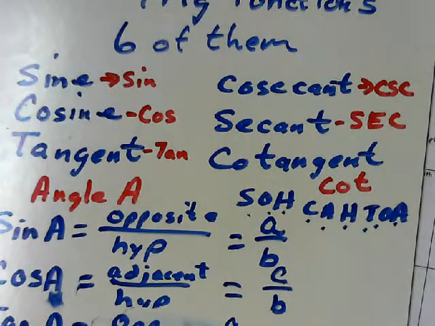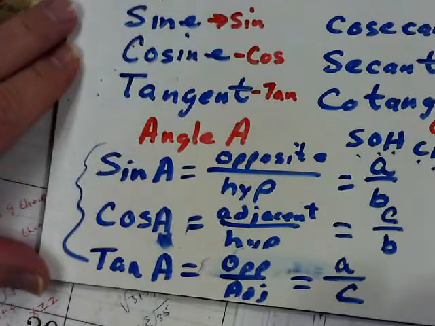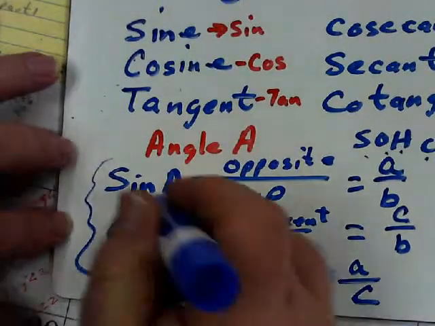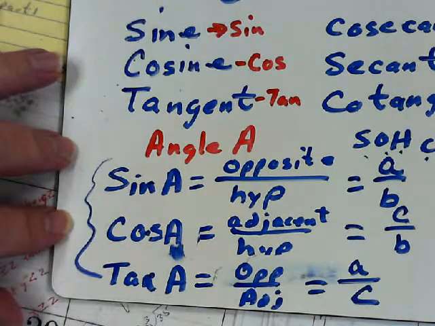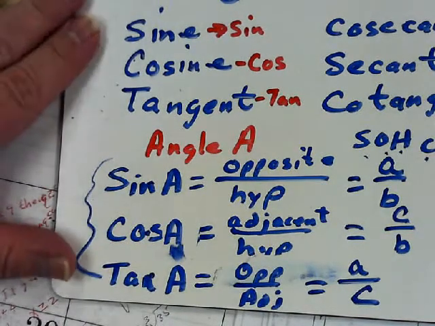We okay? Out of these 6 functions, generally the ones that you use the most are these 3. You will use those 3 the most.